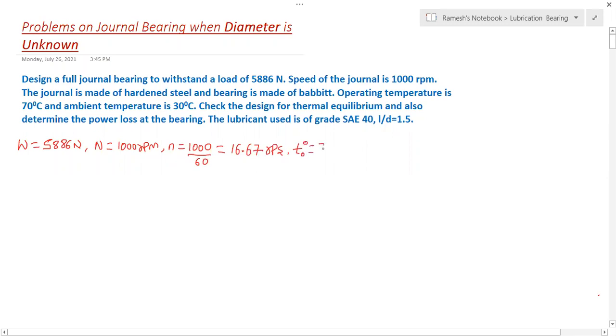It is 70 degrees Celsius, and the ambient temperature, I will take it as A. Ambient temperature is given as 30 degrees Celsius.